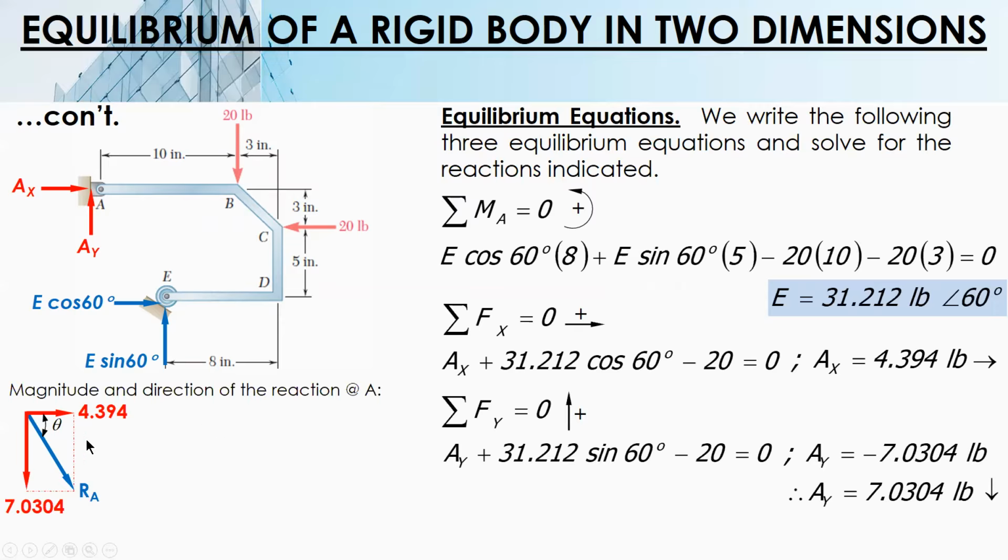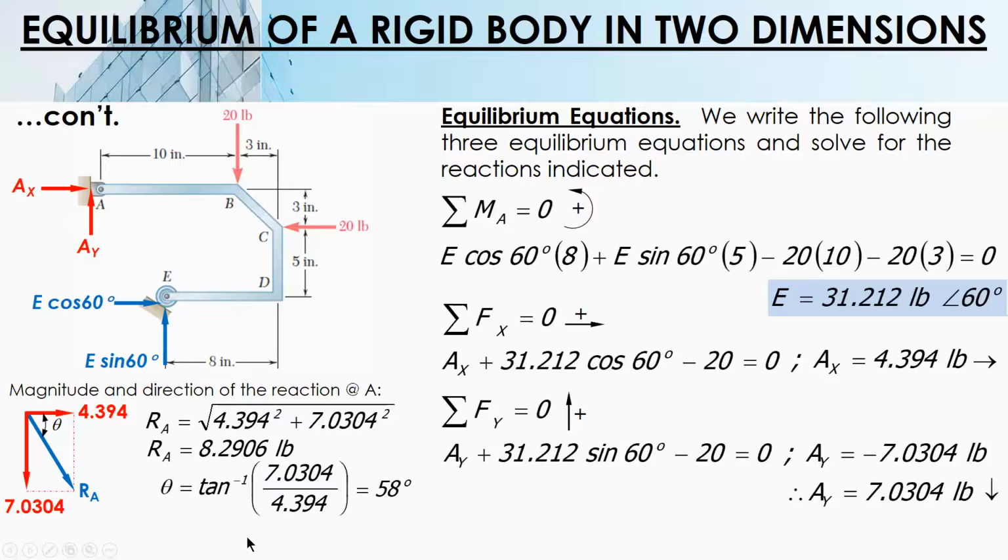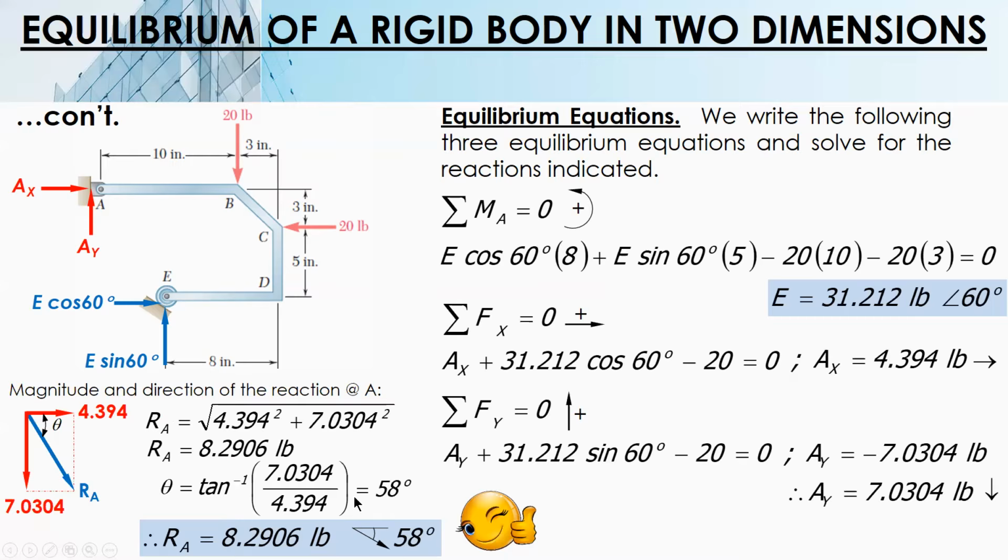Basic, no? Use the Pythagorean theorem to solve for the magnitude, and then arctan of Fy over Fx. That's the angle theta. Therefore, this is our RA, 8.2906 pounds. Direction is 58 degrees from the positive x-axis measured clockwise.